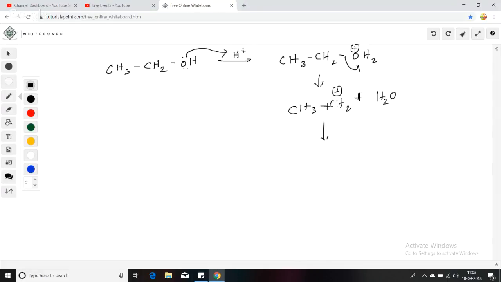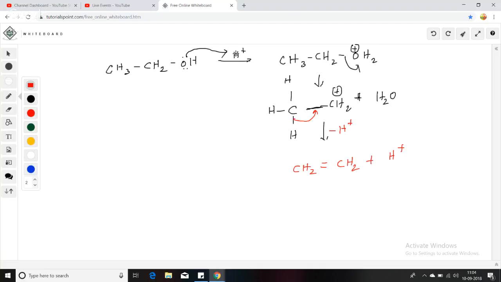One of these hydrogens, since the carbon is electron deficient, leaves: the bond pair is taken up by the positively charged carbon, and H plus comes out. So we get CH2=CH2 plus H plus.